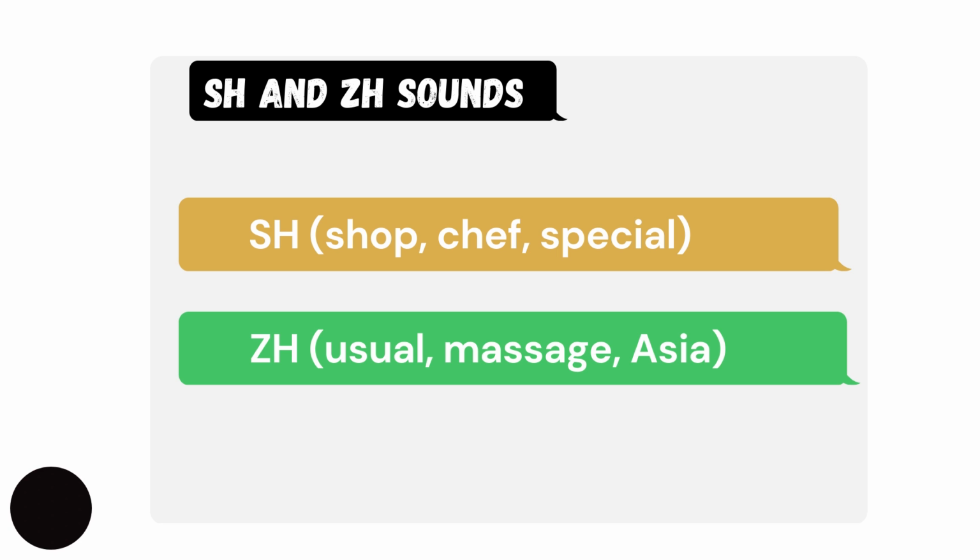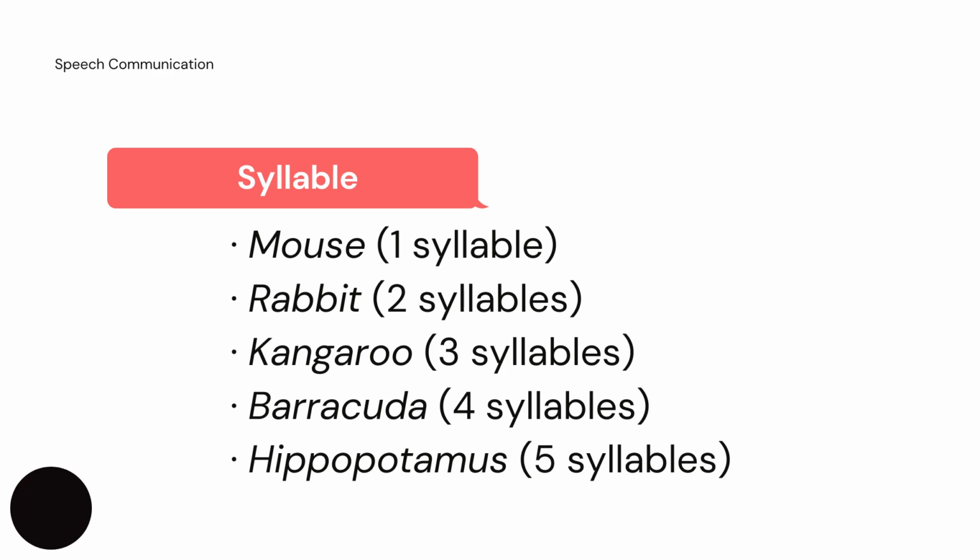Now that we have found out the vowel sounds and consonant sounds, let's now go to knowing what syllables are. When we say syllables, these are the smallest unit of pronunciation. So how do we know the number of syllables in a word? Let's take a look at these examples. We have the word mouse, we have one.